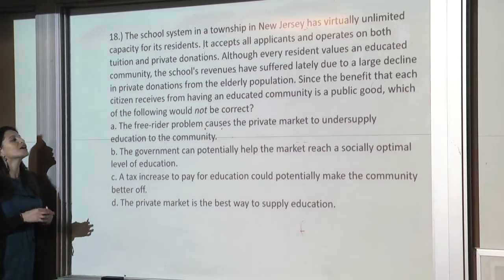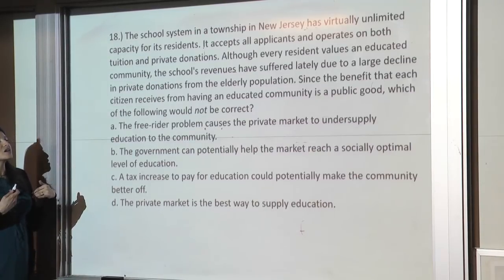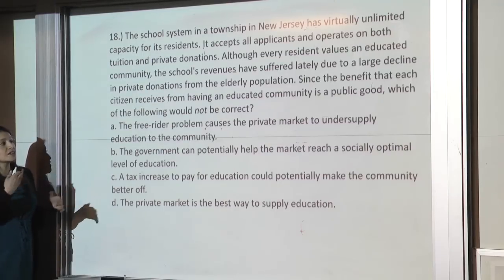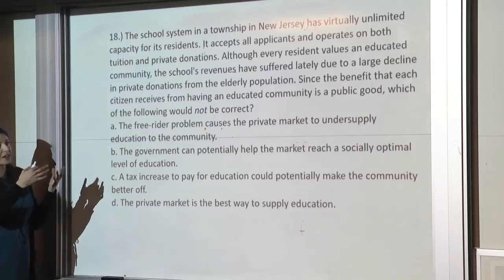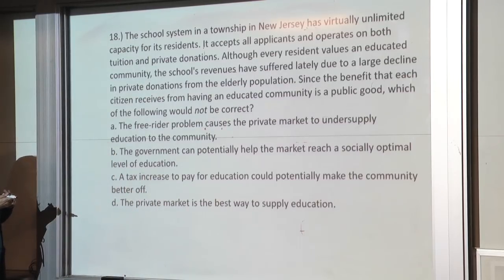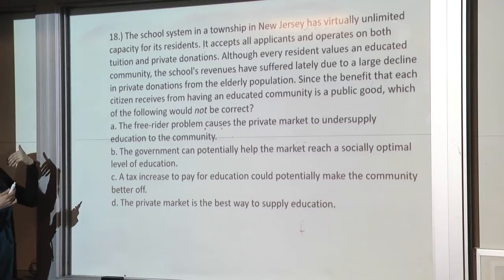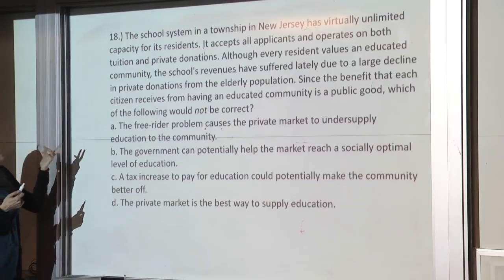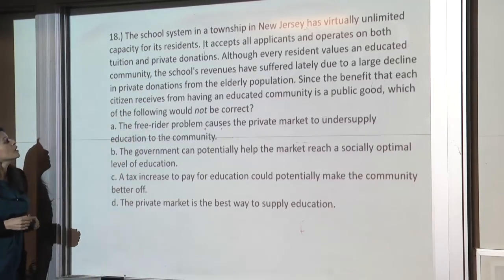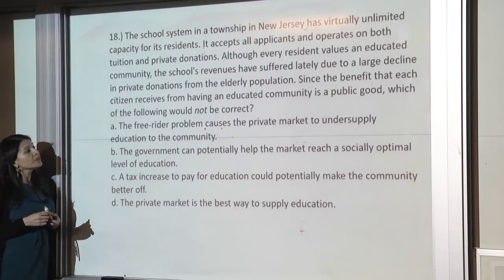The free ride, so in general, what is going to happen here is that they are going to introduce some concept that is related to the fact that you are talking about a public good, or the fact that you are talking about donations, and the benefits of the public good, etc. So the free rider problem is a typical problem in public goods, right?